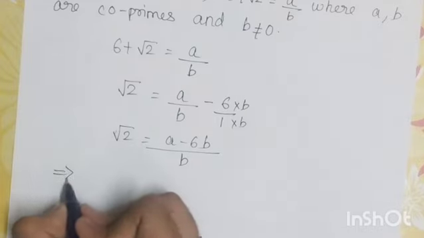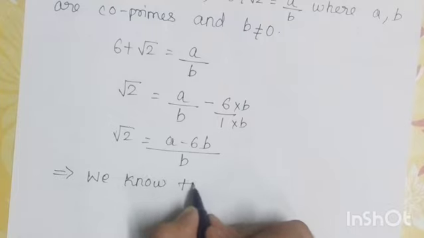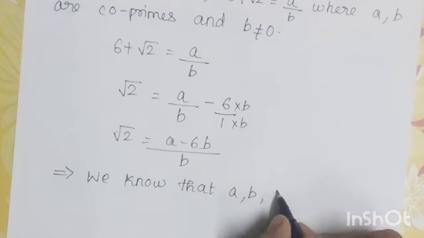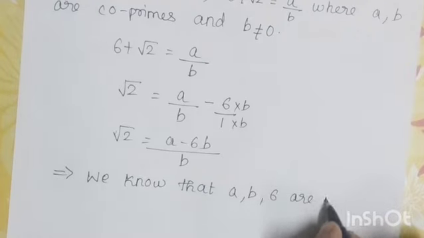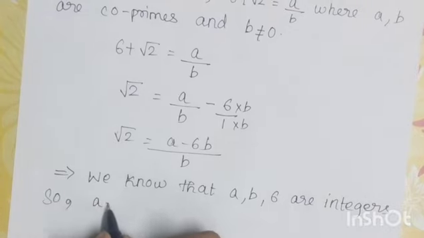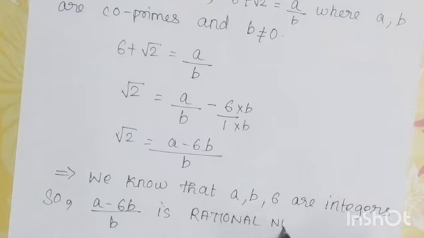We know that a, b and 6 are integers. So a minus 6b by b is a rational number.